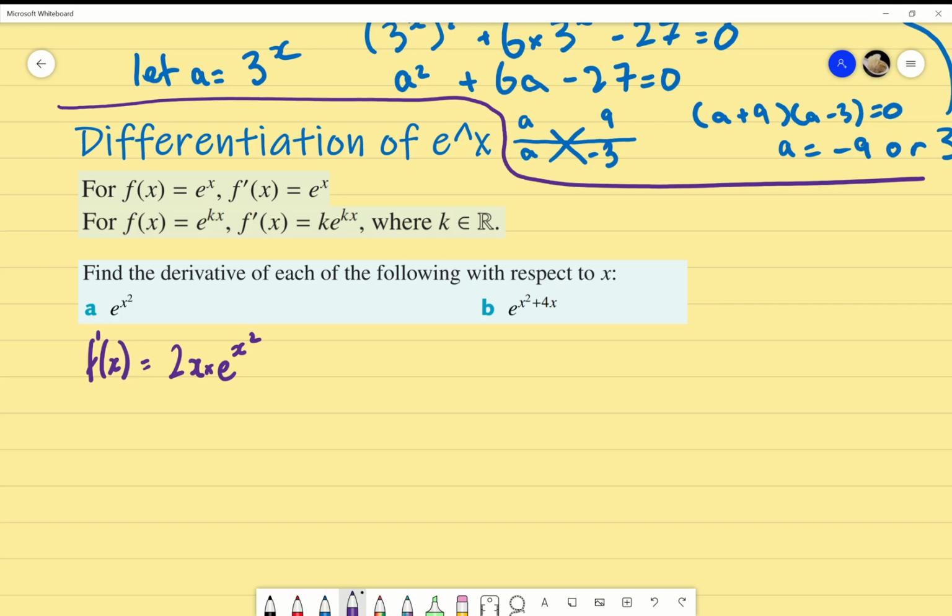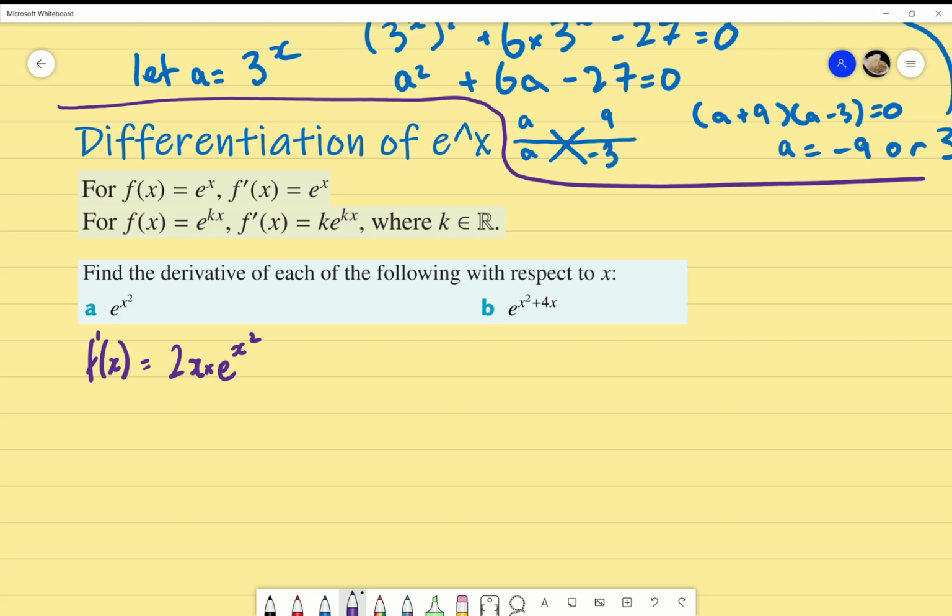Any questions about that? Remember, the unique property of Euler's number is that when we derive it by itself, it stays the same. But if it's got other things in it, we have to treat it as if we've got other functions in it, etc. We do the same thing for e to the power of x squared plus 4x. Of course, I'm going to derive the function at the beginning.